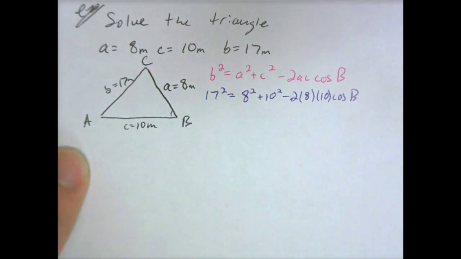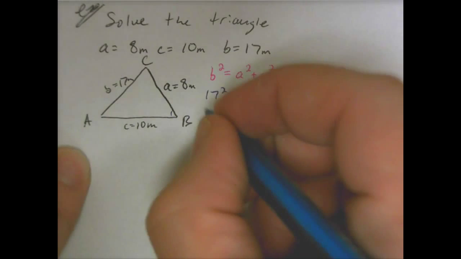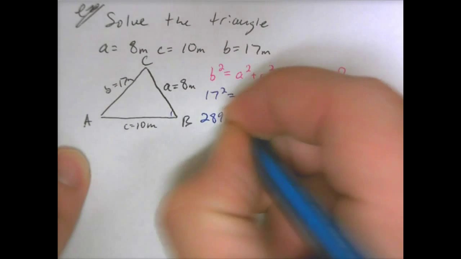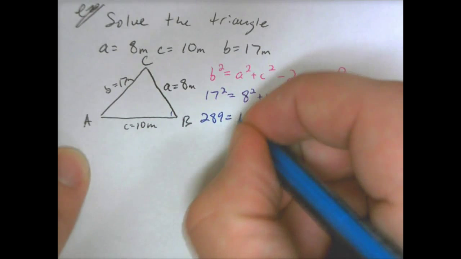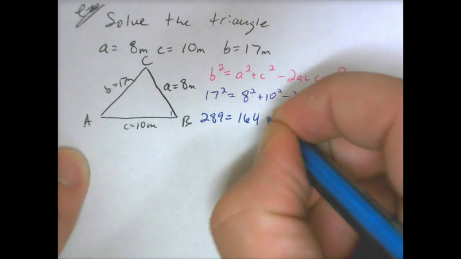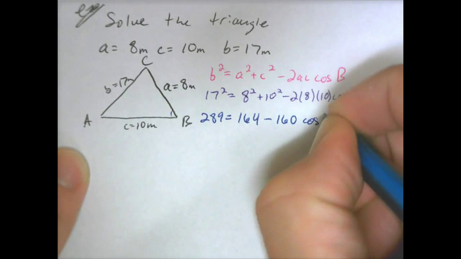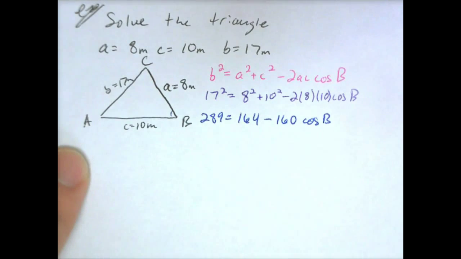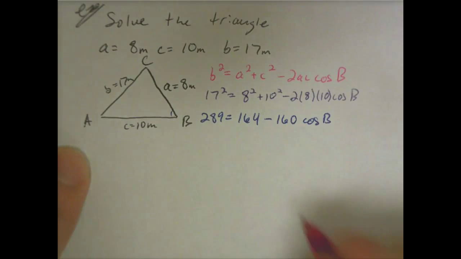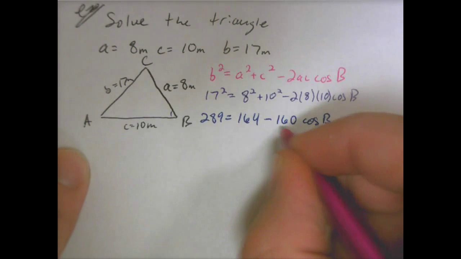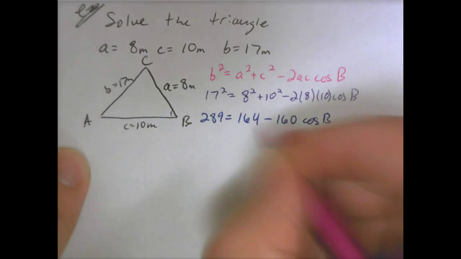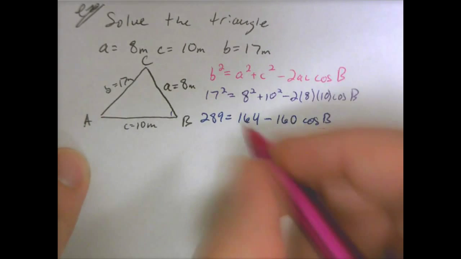I'm going to simplify these just a little bit to make it simpler. So this is 289 equals 64 plus 100, which is 164, minus 160 cosine B. Treat this like a negative 160x. So you need to move over that 164 first and then divide by the negative 160.